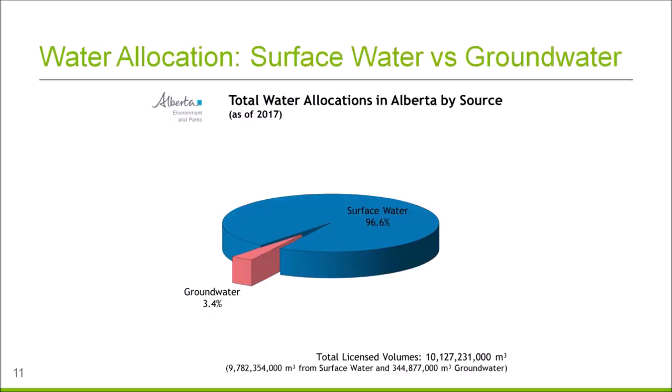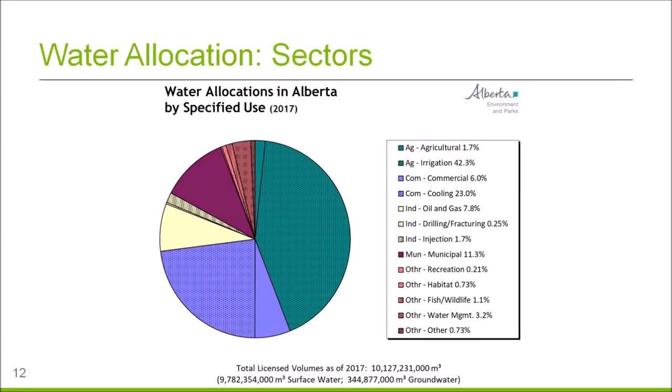Now, this pie chart shows how much water has been allocated until 2017. You can see that most of the water allocation is from surface water, which is about 97%, and only 3.4% is groundwater. Again, in this pie chart, we are showing the total water allocation by 2017, but now we group them into different types of water use, like agriculture or irrigation or commercial.